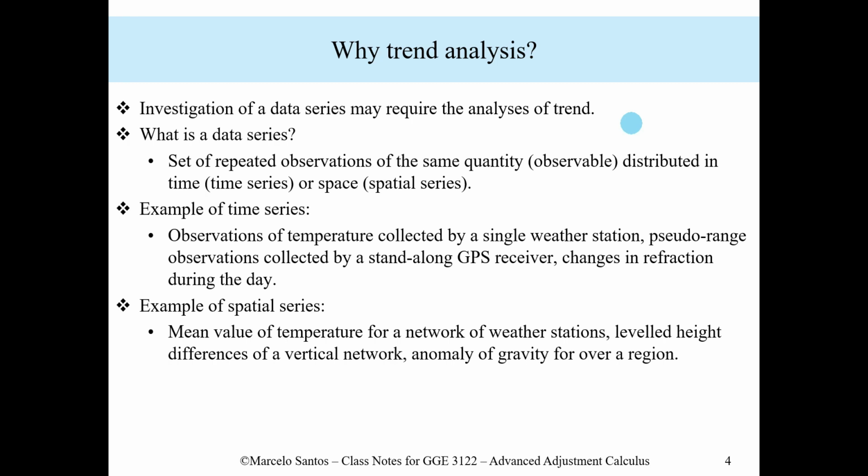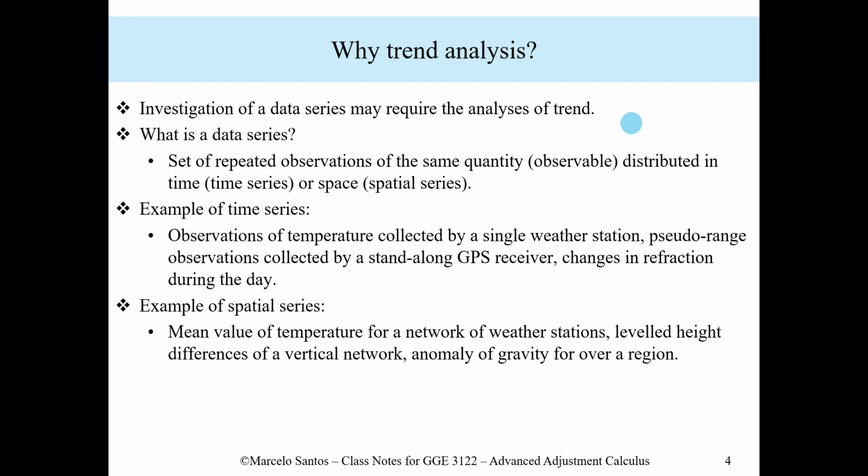So, for example, we may have thermometers in each individual weather station, and so the individual measurements are basically a time series. But if you take the mean values of these observations and represent each mean value for each weather station for a day, that's then a spatial series.